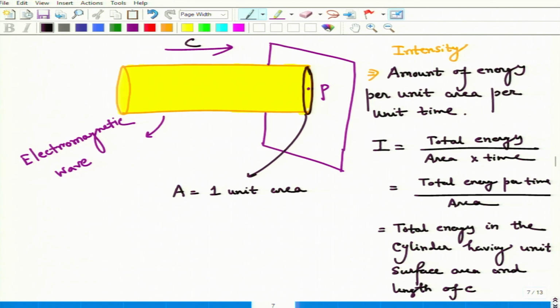The intensity of radiation of that imaginary cylinder at point P is equal to the energy incident per second, that is the energy stored in the volume.